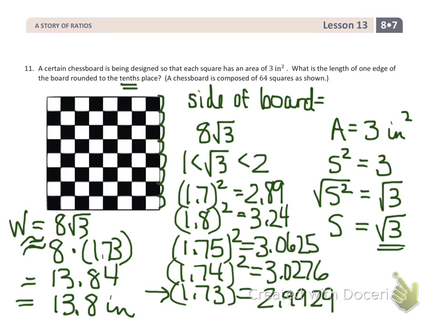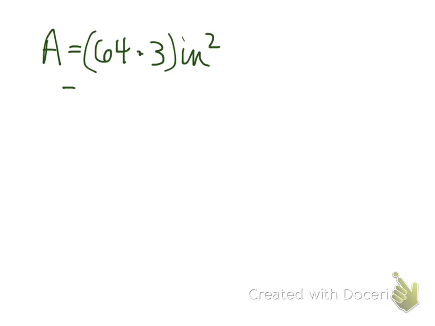There are 64 pieces on the board. So we could have said the total area is 64 times 3 inches squared, which is equal to 192 square inches on the board.